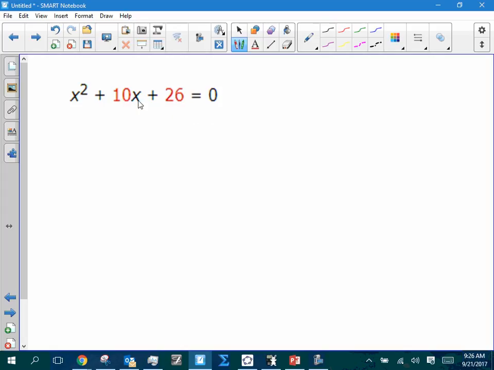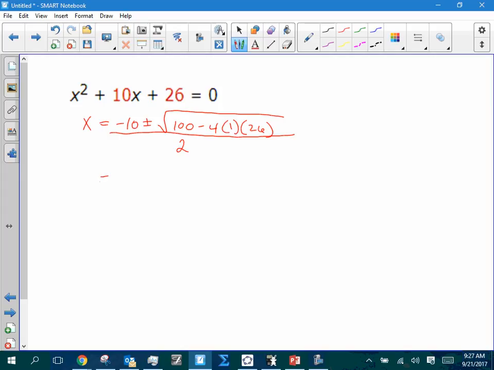So if that doesn't factor that way, what is my last resort for factoring? Quadratic formula. I always mess that up. It's opposite of b, plus or minus, square root of b squared minus 4ac, all over 2a.